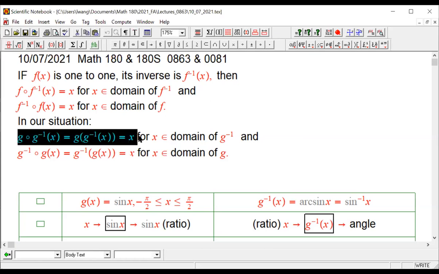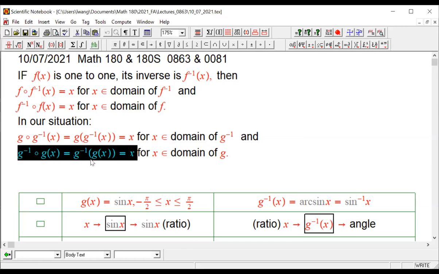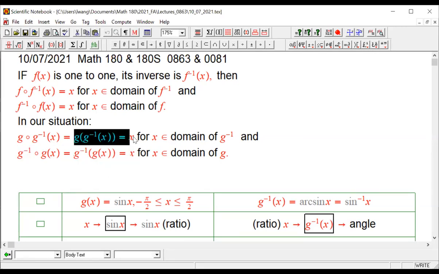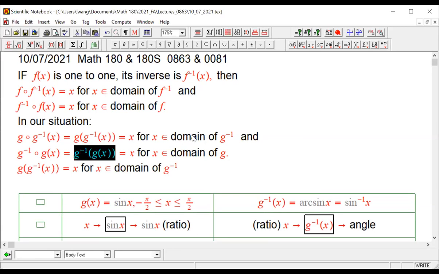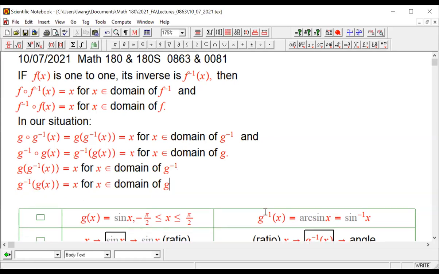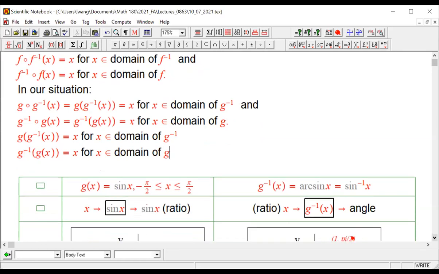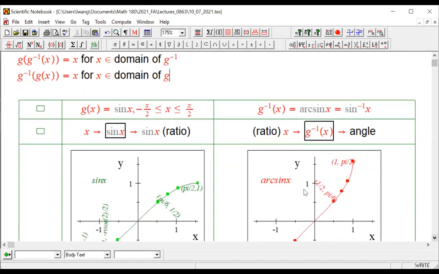If this is true for F, it applies to G, so it is going to be true. I merely apply the meaning of composite. So I'm going to take these 2 on the side. F changed to G. So let's see what we will produce. Everybody follows me, right?